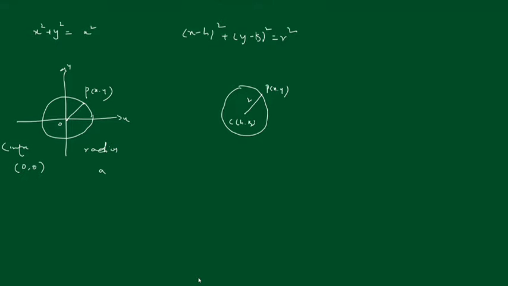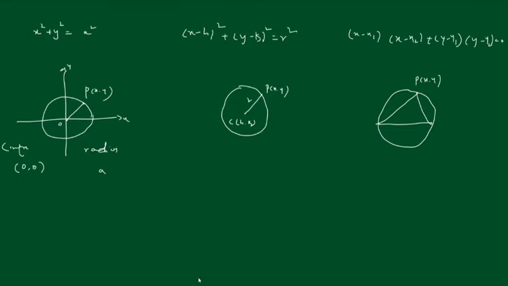Next one more we have, the diameter form: x minus x1, x minus x2 plus y minus y1, y minus y2 equals 0. The point P of x comma y, with the endpoints x1 y1 and x2 y2, right? So these are the types of graphs we have for a circle.